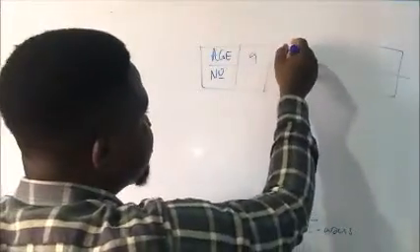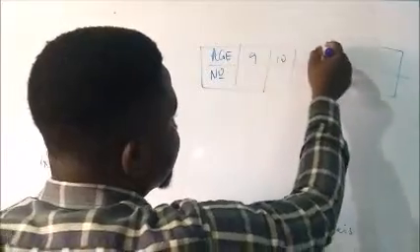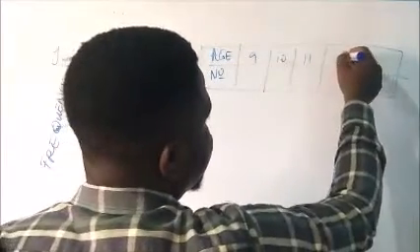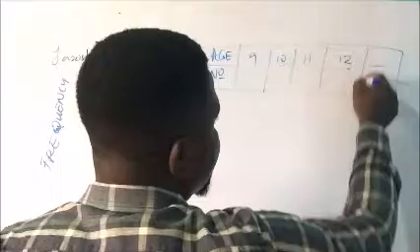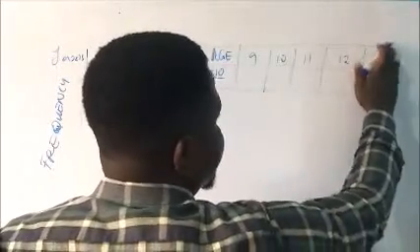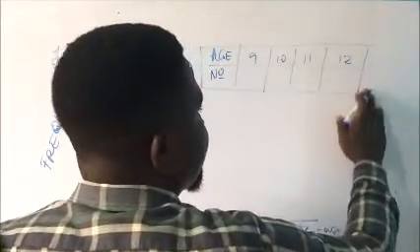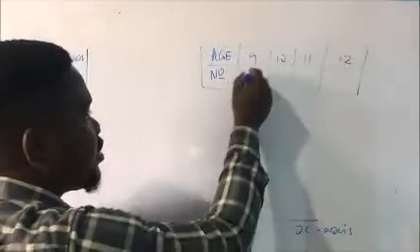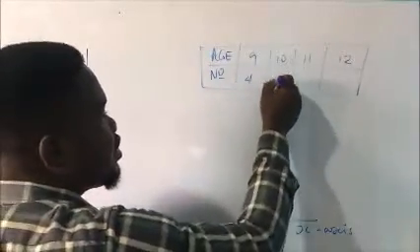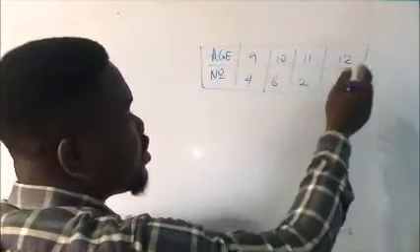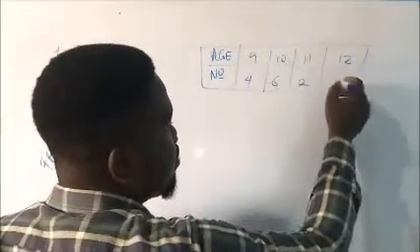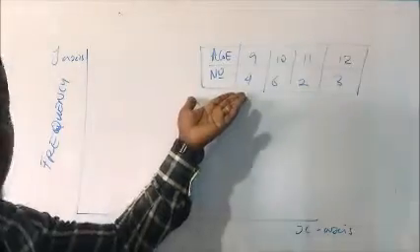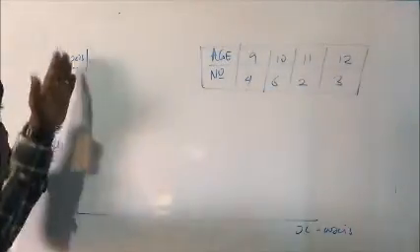Those who are 9 years, those who are 10 years, those who are 11 years, and those who are 12 years. Let's end over there. In the class, those who are 9 years are 4. Those who are 10 years are 6. Those who are 11 years are 2. And those who are 12 years, let's say 3. Okay. So we have this information and we have to present it on our bar graph.